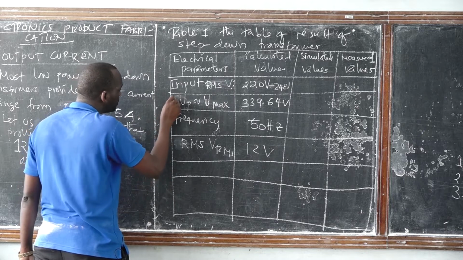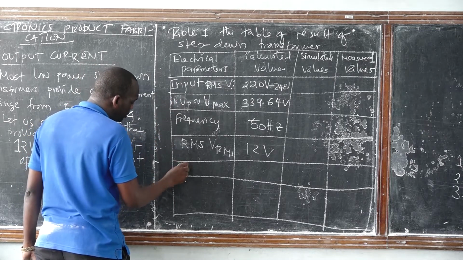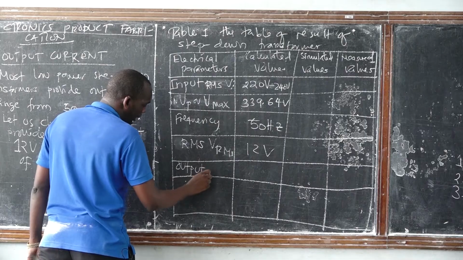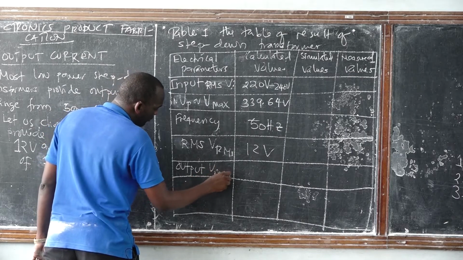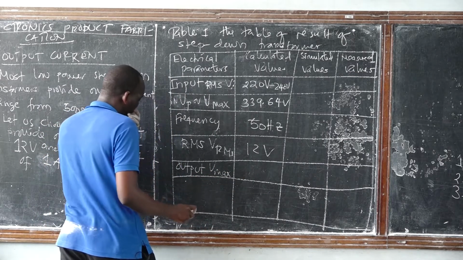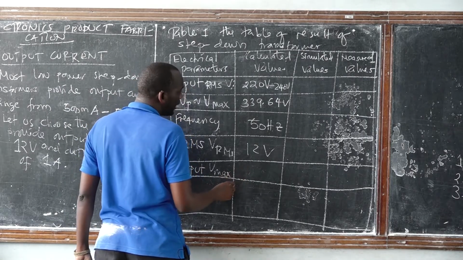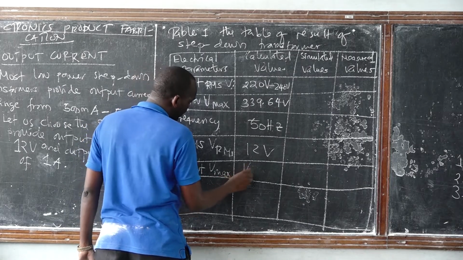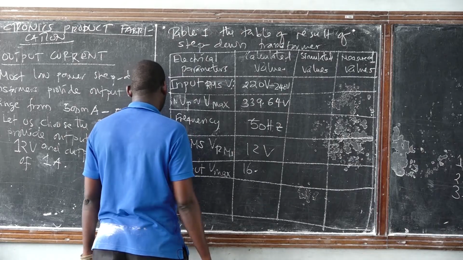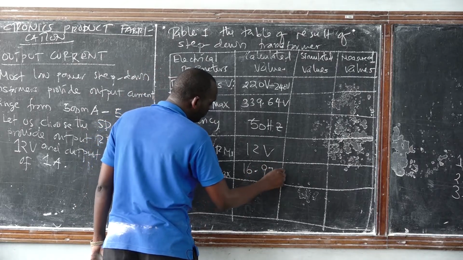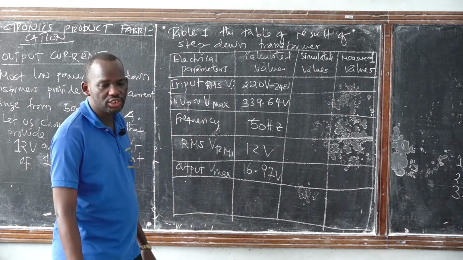This is input. Remember. Output maximum voltage. It is what? 16.20. Speak loudly. 50 students, including yours.